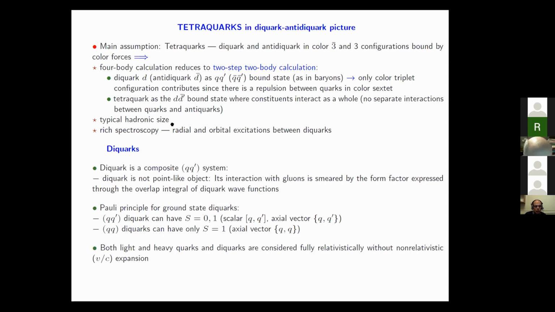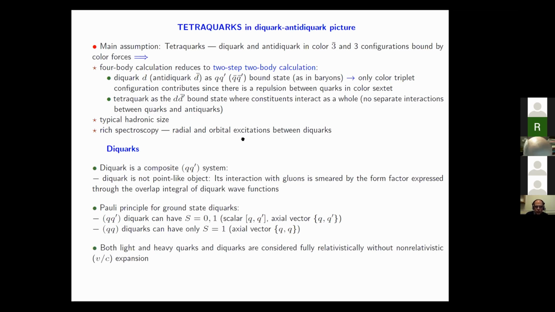Such tetraquarks should have typical hadronic size, and we expect rich spectroscopy, since radial and orbital excitations can exist between diquarks. When considering diquarks, it's very important to take into account that a diquark is a composite quark-quark system.